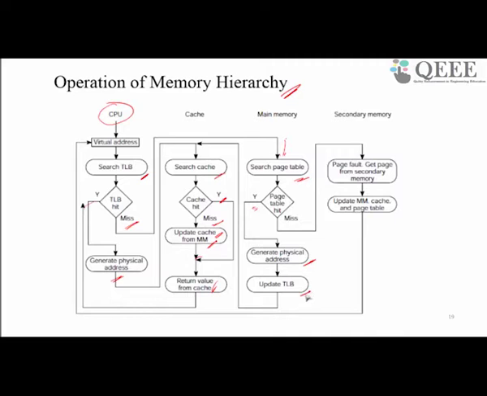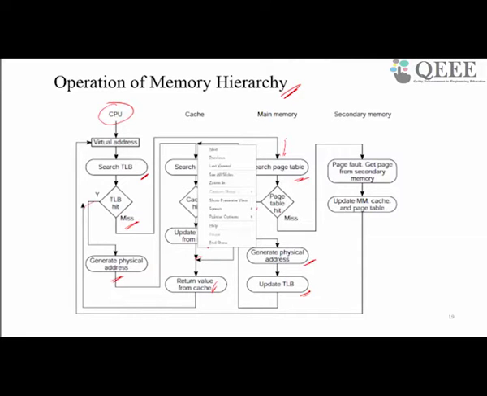You then update the TLB, because you know the virtual page number and the physical page number. You store this pair in the TLB for future usage. Then this physical page number is used to again go and search in the cache and so on.